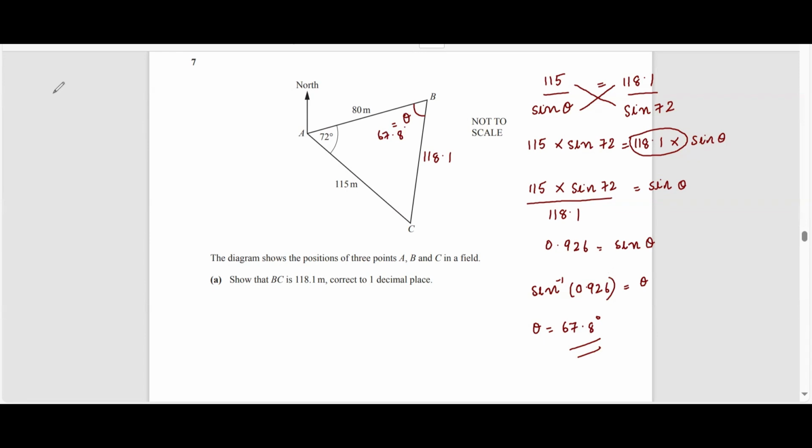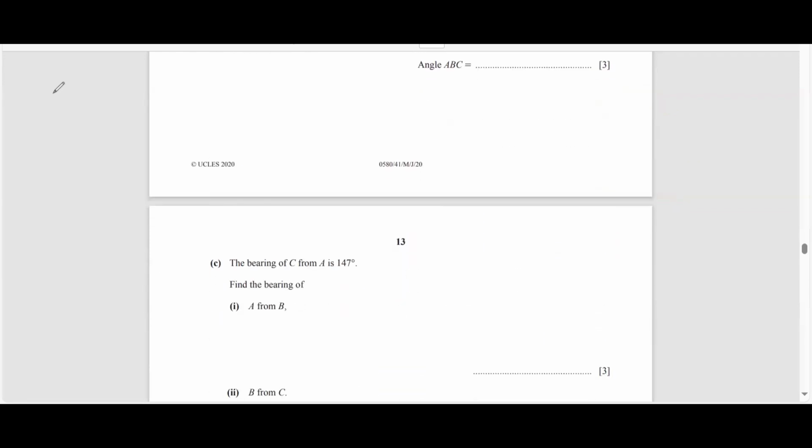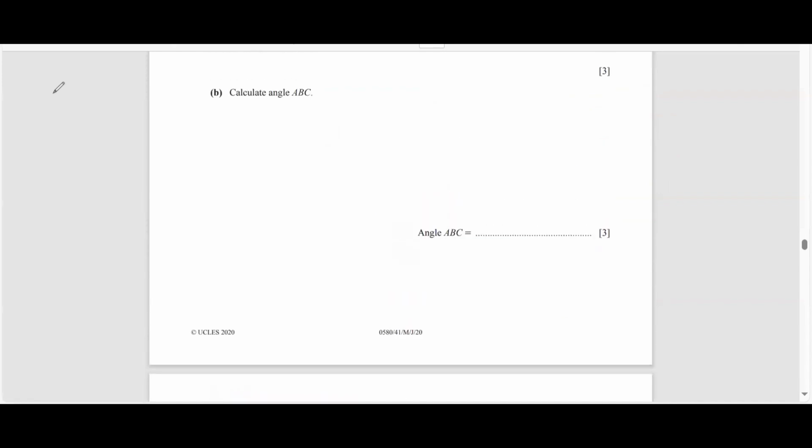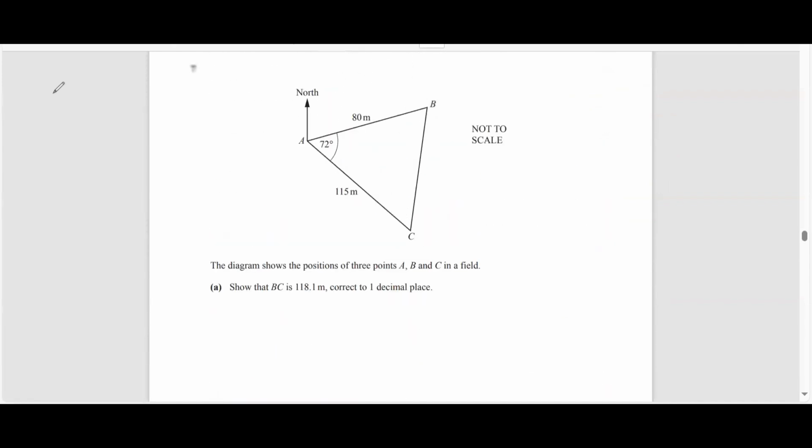Let's try C here. C part is, the bearing of C from A is 147 degrees. Find the bearing of A from B. Bearing of C from A is 147. That means AC is the line. And from A means at A you need to draw the north line.